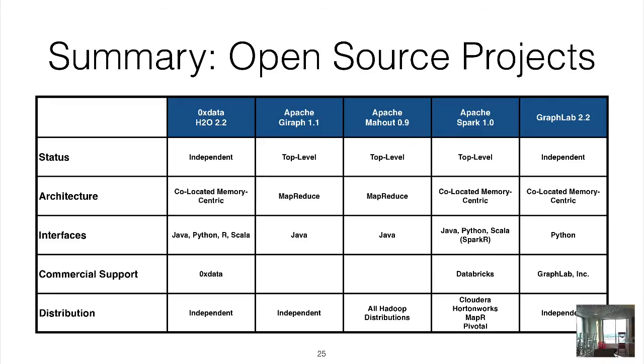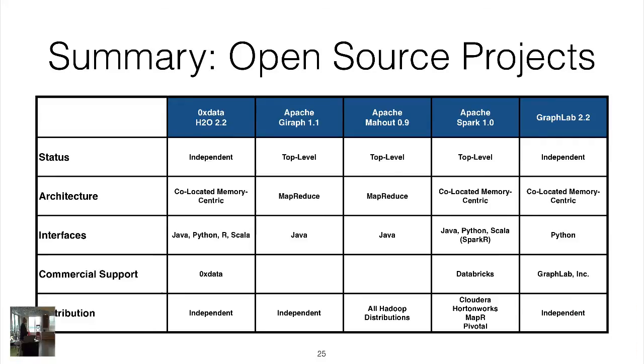The architectures I mentioned before, Hexdata, Apache Spark, GraphLab are all running in memory, whereas Giraph and Mahout are not. And by the way, when I tabulate the analytic features, which I do in the next slide, for Mahout, whatever, I'm only counting those things that actually do run in MapReduce. I just discount anything that runs in a single node.